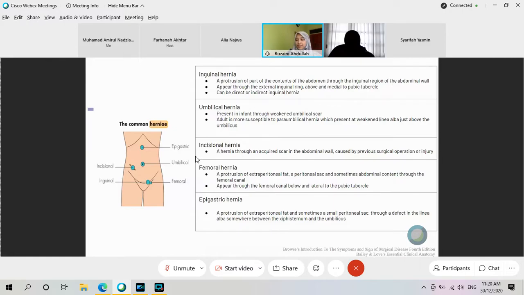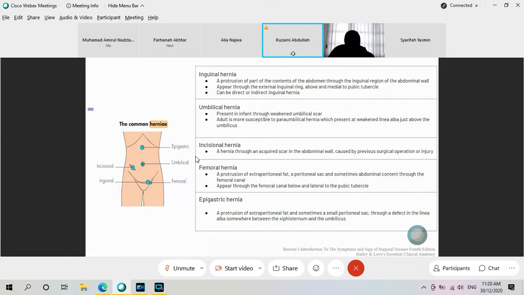Okay. So the next type of hernia is the umbilical hernia. It is common in infants, through a weakened umbilical scar. In adults, they are more susceptible to para-umbilical hernia, which presents at the weakened linea alba just above the umbilicus.